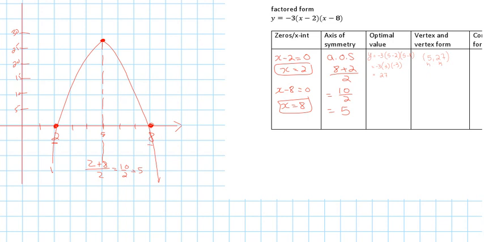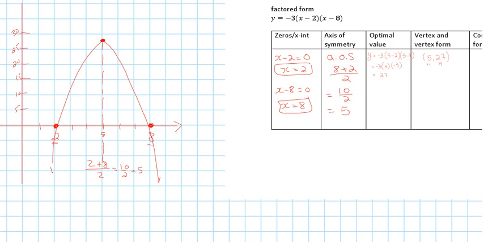So what did I do again? What did I find first? Adding the two zeros and dividing by 2. Once I find the axis of symmetry, what do I do with it?